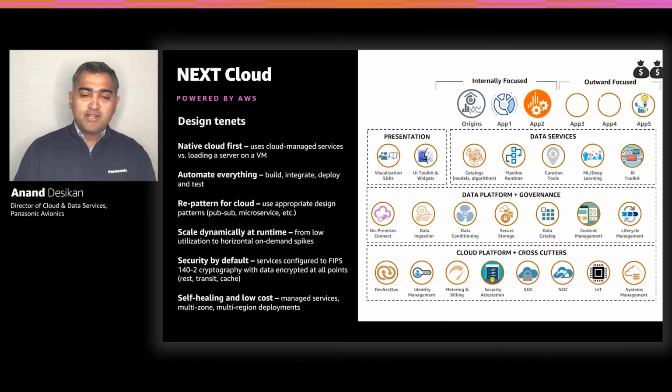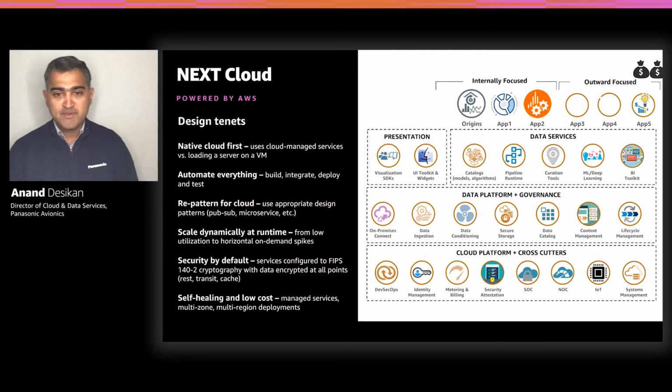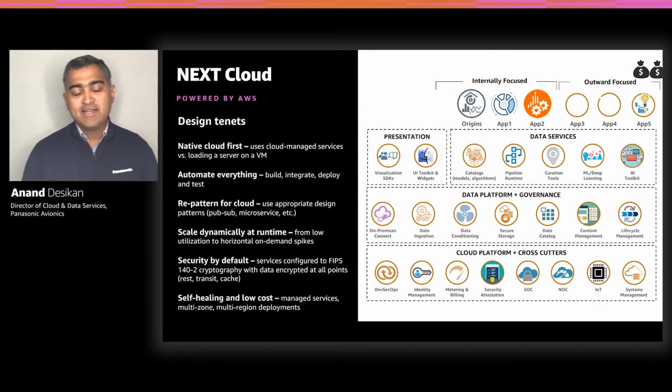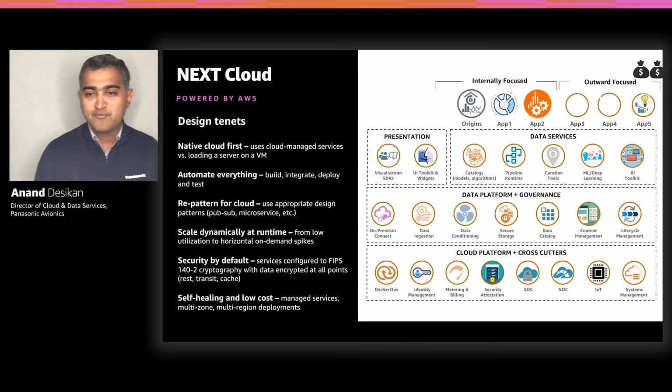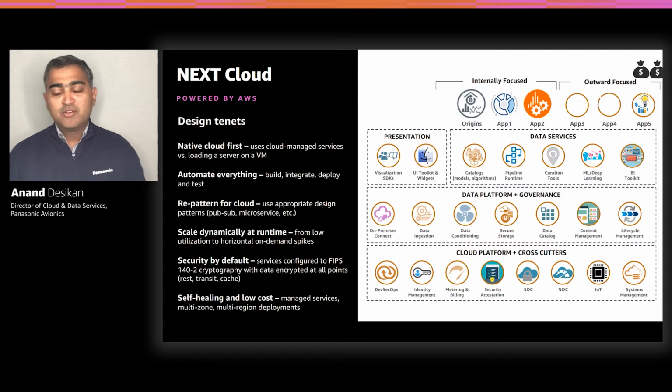To talk a little bit about what our Nextcloud principles or design tenets are, powered by Amazon Web Services, we really wanted to build a lot of the cross-cutters, as we call it. Primarily our focus was to be cloud native first, be automated for most, if not all, and repattern for the cloud if we are bringing legacy workloads to the cloud.